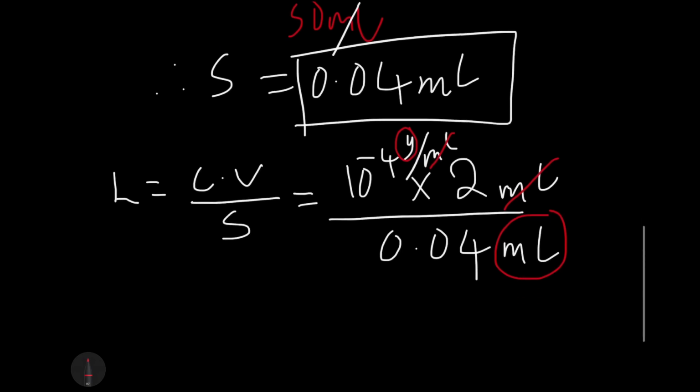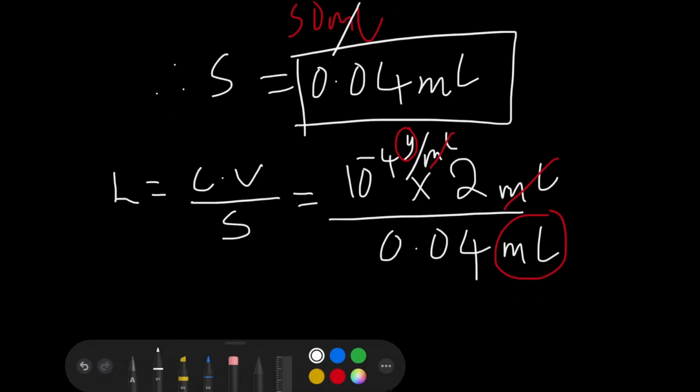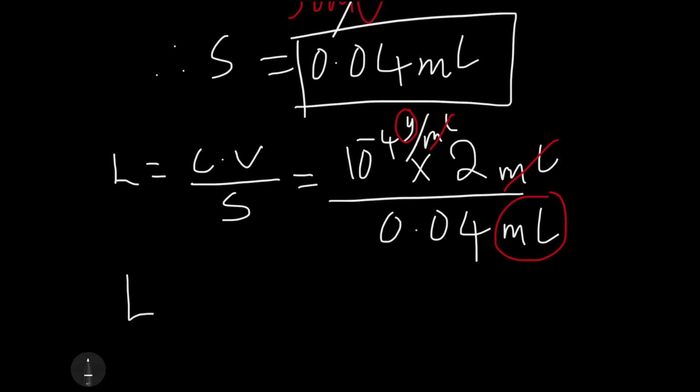All right, so let's now calculate the final value. Limit is going to equal, when we multiply everything, 10 to the power negative 4 multiplied by 2, then the entire value divided by 0.04.